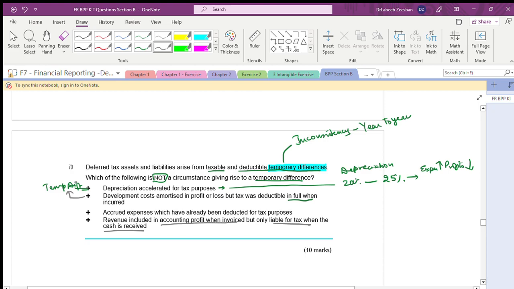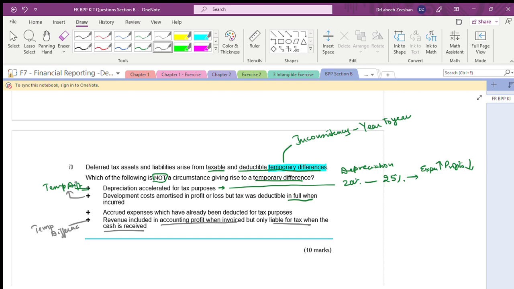You cannot say that when I receive my cash, I will pay the tax. No, we should not. There is an inconsistency, which again is going to be a source for temporary difference.